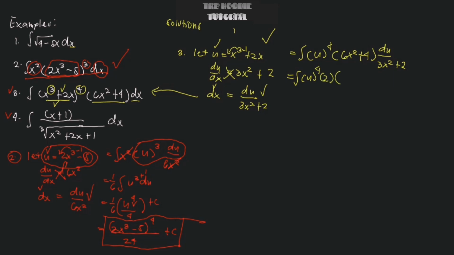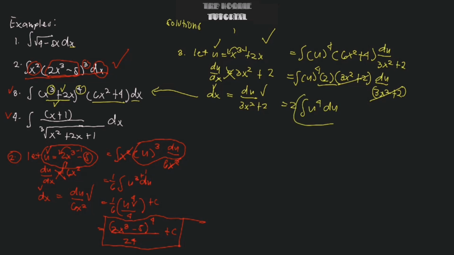So that will become 3x squared plus 2. That would be the factor, and then du over 3x squared plus 2. So we can now cancel this one and this one, leaving behind the integration of u raised to 4 times 2 and then du. Since 2 is a whole number, we can factor that out through here, leaving behind u to the 4 and then du.